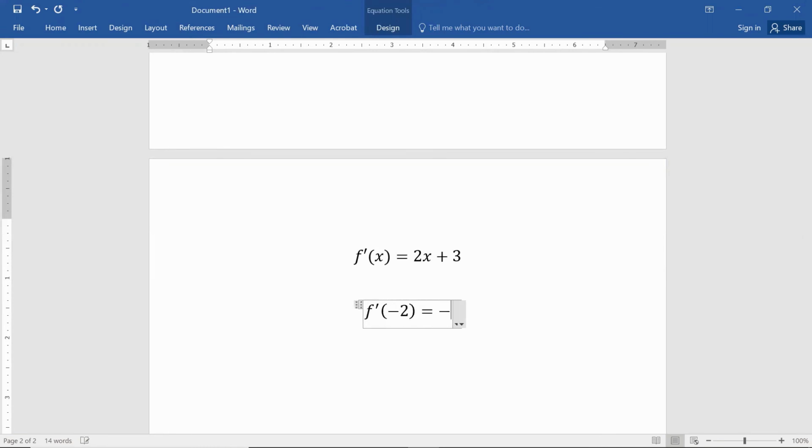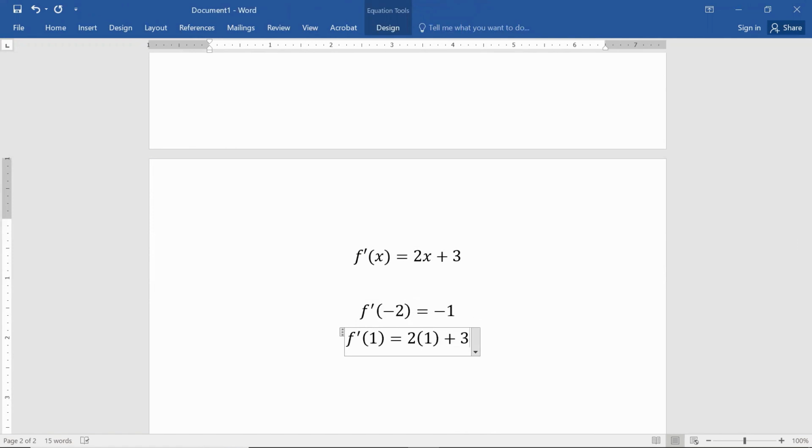Now let's compare that to what we found earlier. Remember what we found earlier was that the derivative of the function at -2 should have given me a -1. Well, if I had known this earlier, I could have just plugged in the -2. 2 times -2 plus 3 does in fact give you a -1.